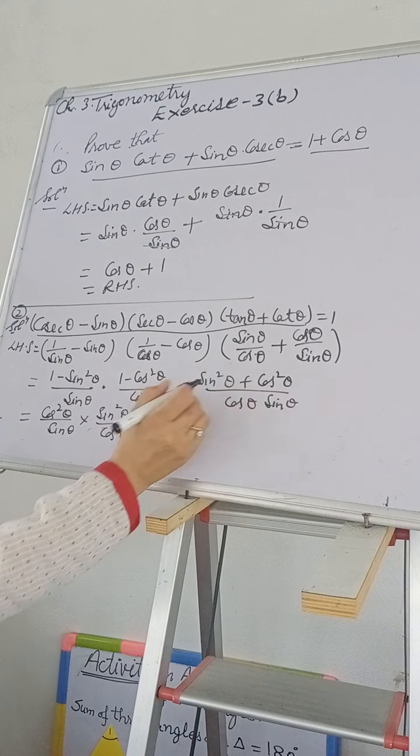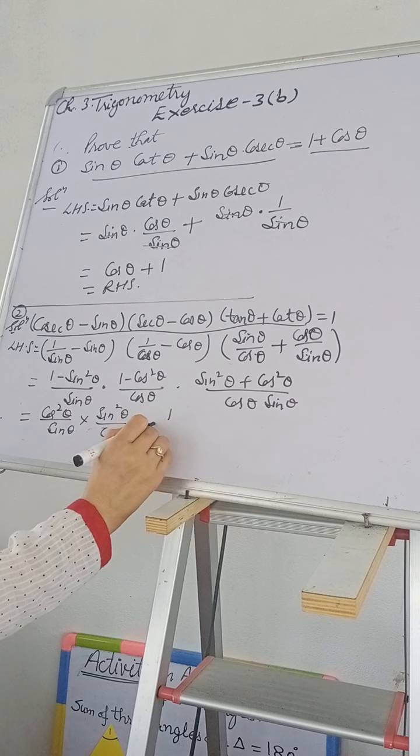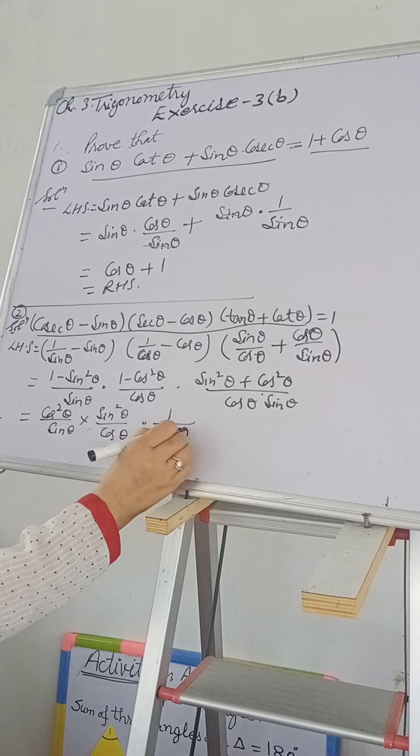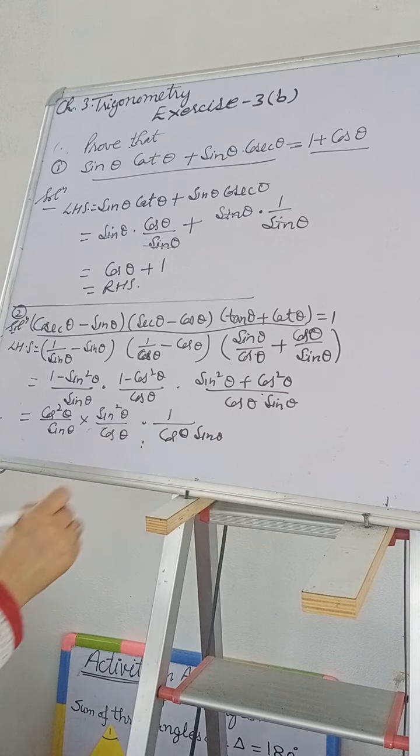This is identity 1 again: 1 minus cos square theta gives sin square theta.